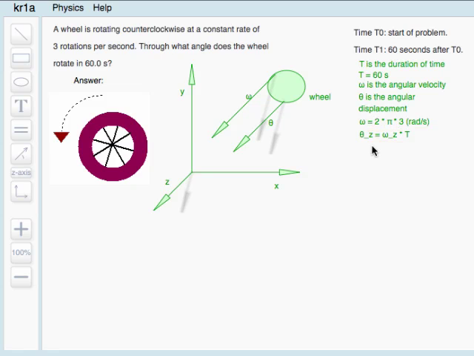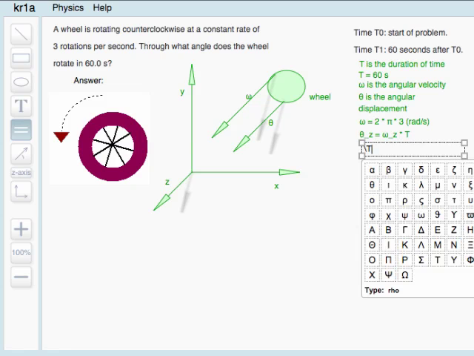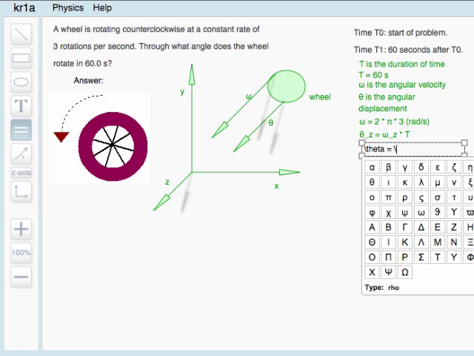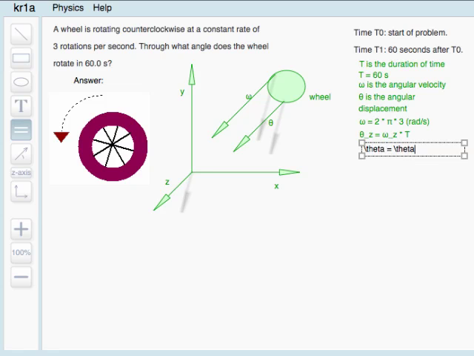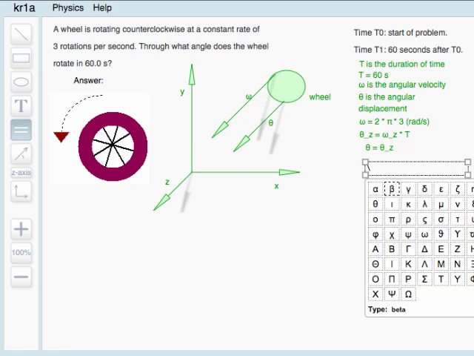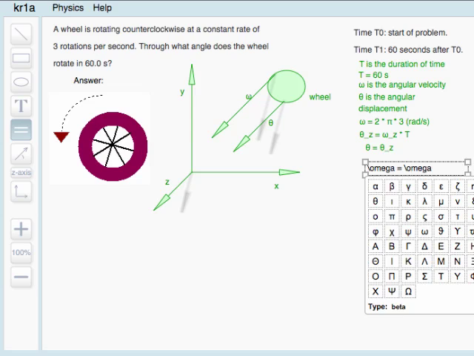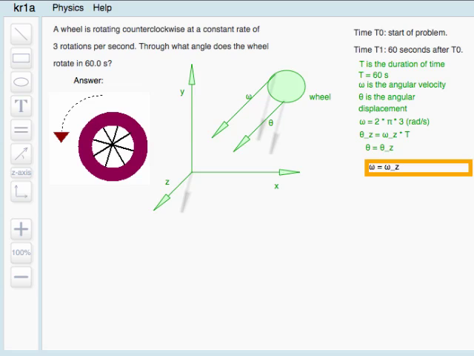Now I have the z component, and I have to set up an equation. Theta equals theta z. And like I said before, it's positive because of the right-hand rule. So that's why they equate. And then omega equals omega underscore z.